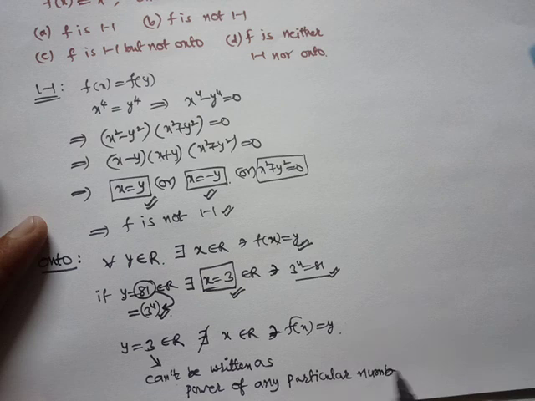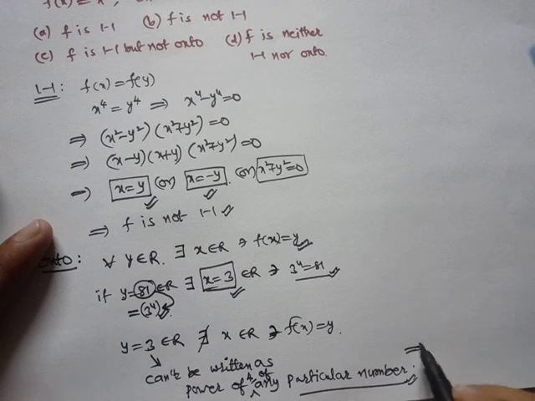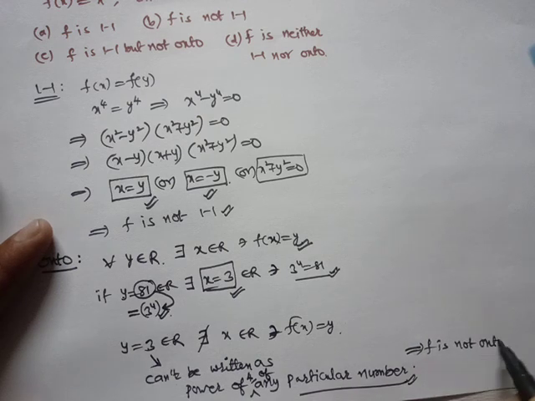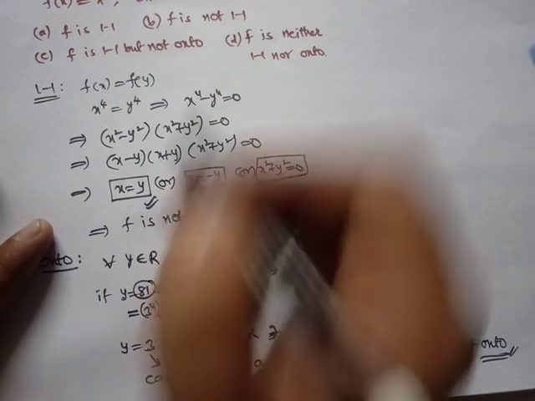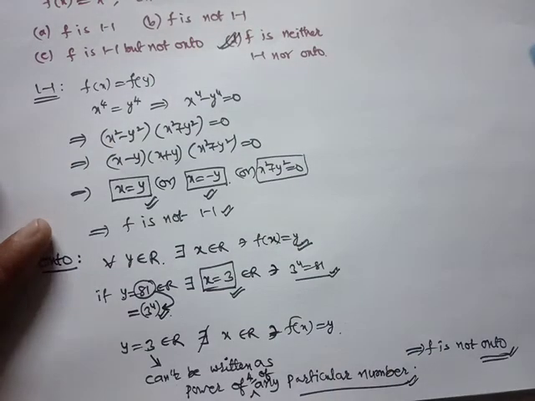So it cannot be written as power of 4 of any particular number. So that's why it cannot be taken as onto. F is not onto, and f is not 1 1, as well as f is not onto, and you can consider D as the option.